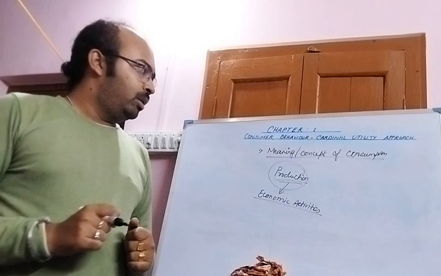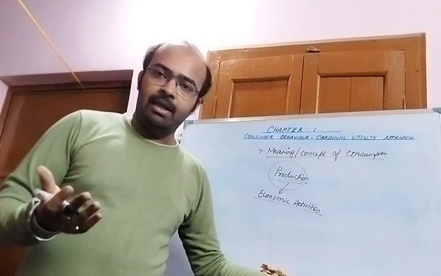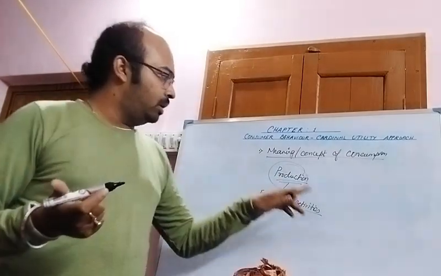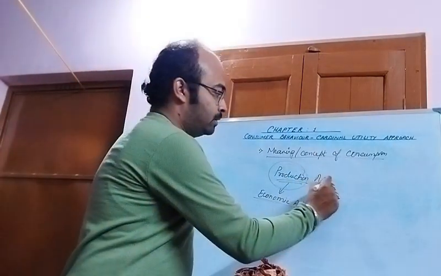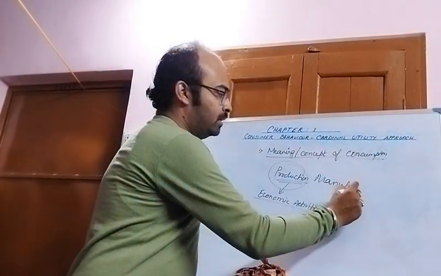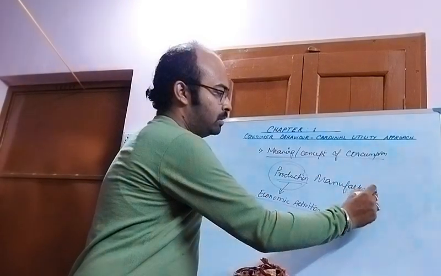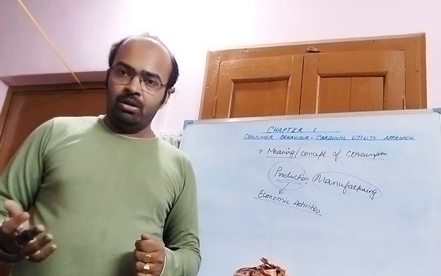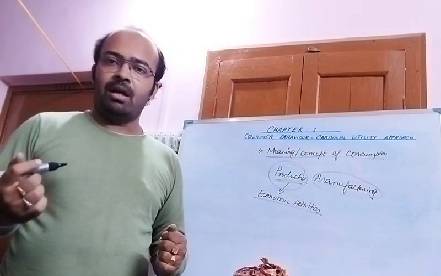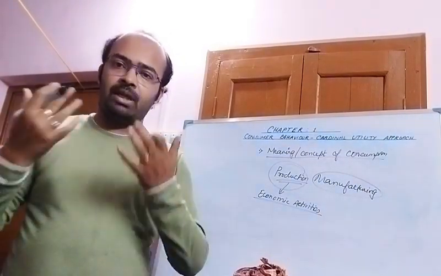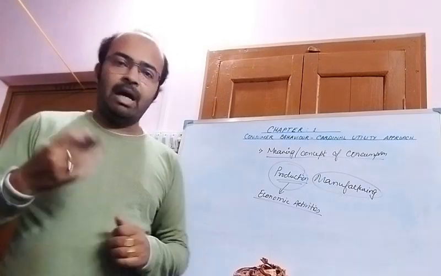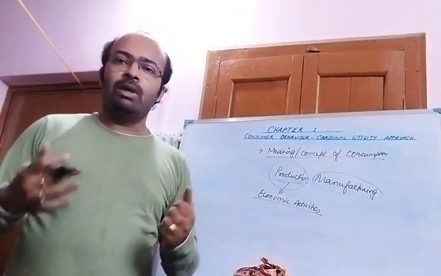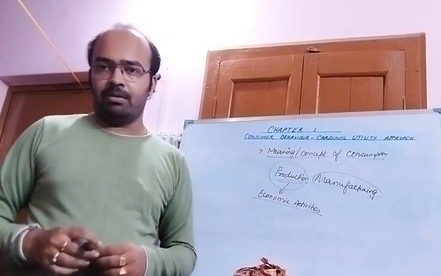Now you tell me, what for is economic activity carried out? Just now I said, economic activity involves production and manufacturing. What for? So that the goods and services are available for the consumers. Where are we going to get the goods and services? In the market.